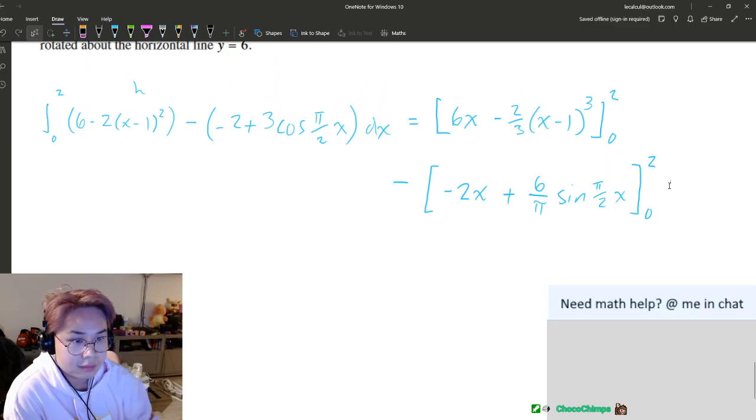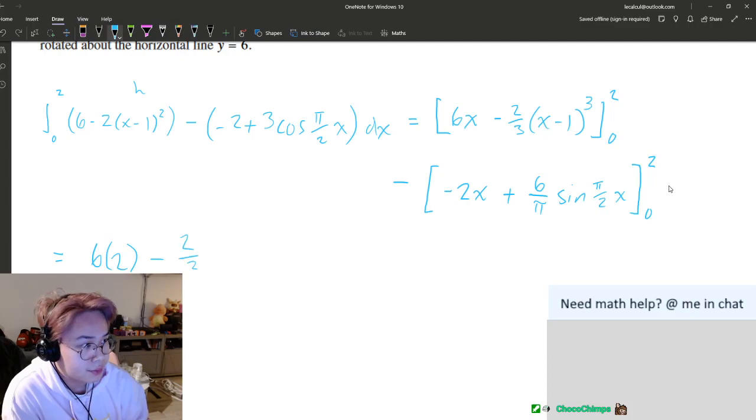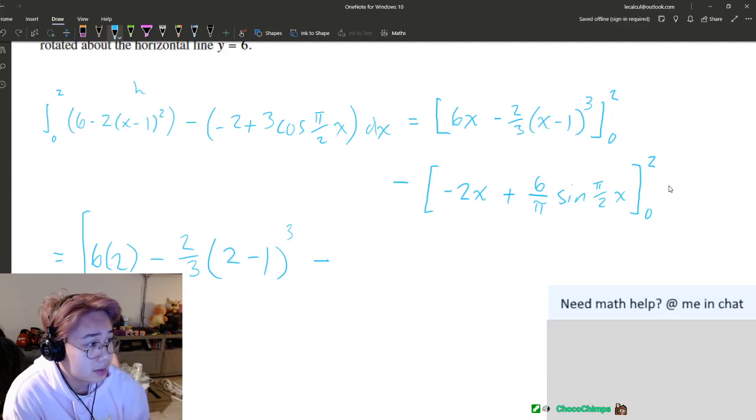So from here, we can just evaluate everything. We have 6 times 2 minus 2 over 3 times (2 minus 1) to the power of 3, subtract, and then I need to substitute in 0.